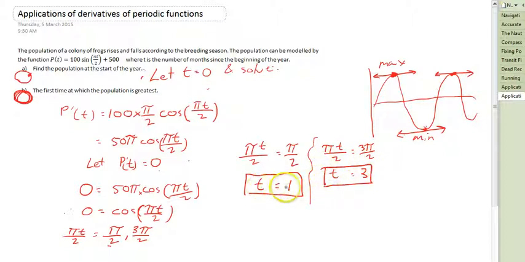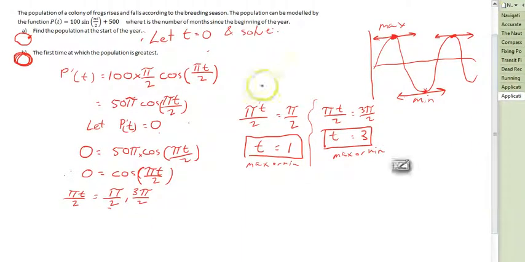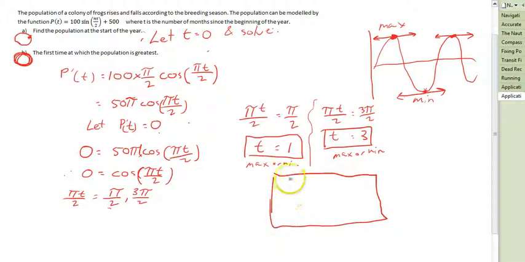And again, t equals 1 might be a max or a min, and t equals 3 might be a max or a min. Now, you should remember this from last year. It's very annoying, but it's something you're going to have to be able to do. Oops, bring my table over here. You should remember this stuff from last year, I hope.